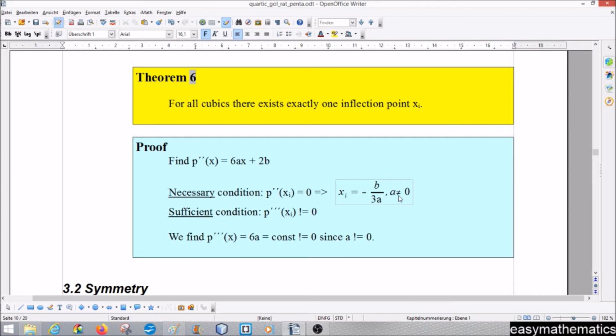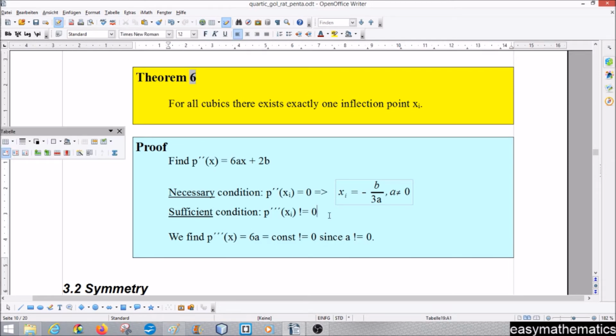So for the sufficient condition, the third derivative must not be 0, and we find the third derivative is 6 times a. This value is constant, and it's also not 0 since a is not 0, so the sufficient condition is also satisfied. Therefore, we have exactly one inflection point.